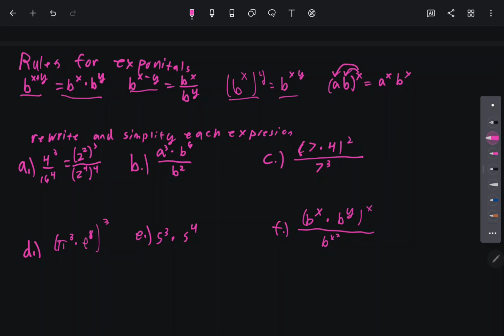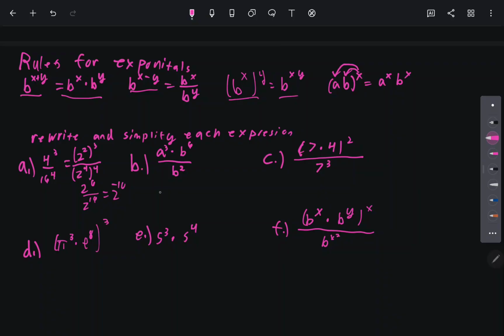And what this allows us to do is use some of our properties. We get 2 to the 6th over 2 to the 16th. And we can now make this 2 to the negative 10th as our simplified form.